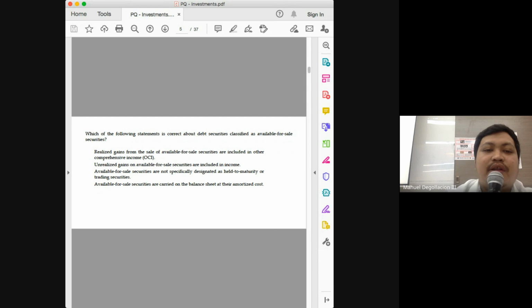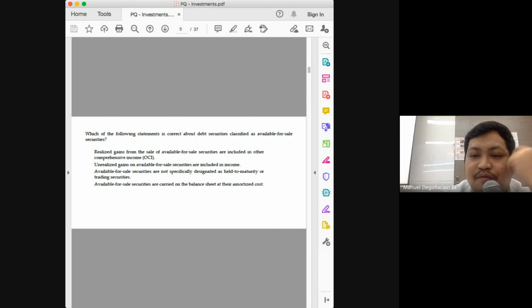So again, very important theory. Unrealized gains or losses from AFS securities will be reported in other comprehensive income. But if it's a realized gain, class, it is no longer in your OCI, but it will now be transferred to your income statement.